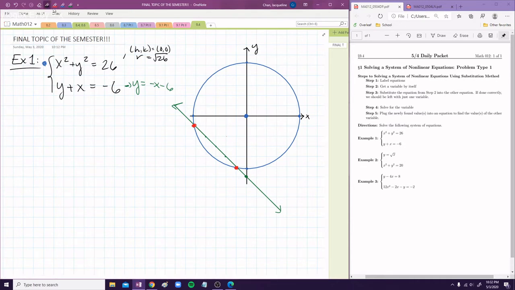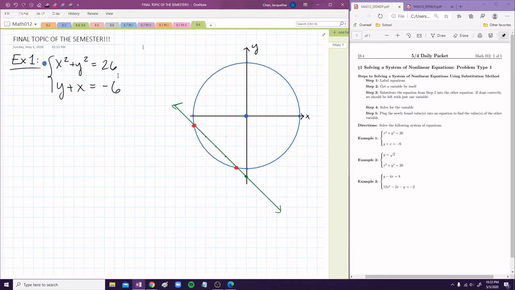So we're going to use the steps I have to the side, and let me erase all of this stuff. When we learned how to solve linear equations, I gave you guys two options. We did substitution and we did elimination. When you solve nonlinear equations, you also have that choice to do substitution or elimination. However, I'm just going to be talking about substitution. The reason why is because you can always use substitution, but elimination, you have to be more careful.